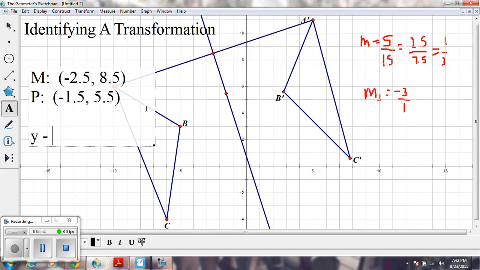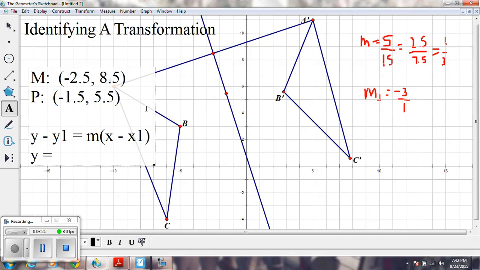I'll need to use the point-slope formula, which calls for me to do y minus y1 is equal to m times x minus x1. I need to find my slope first. I already know, actually, my slope is negative 3. So I need to pick one of these points.